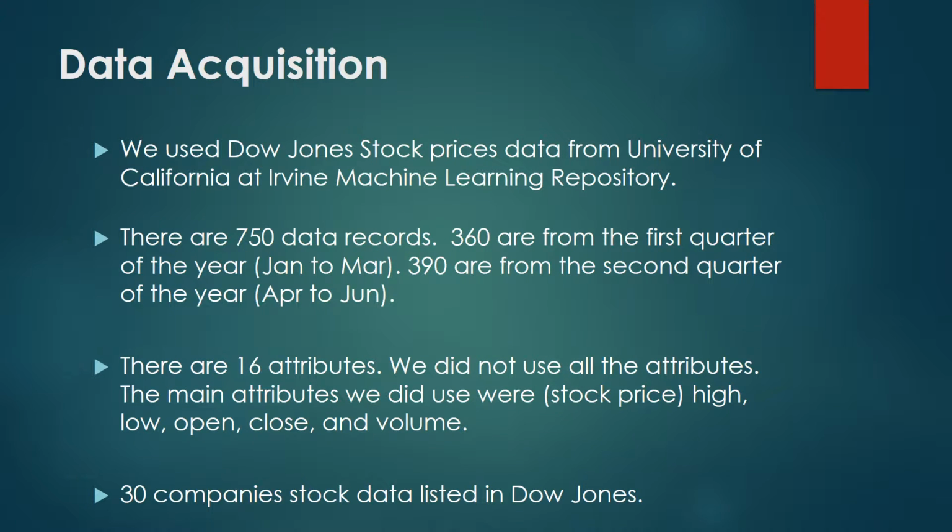Okay, so to get our data, we went online and found some data at the University of California at Irvine machine learning repository. We found a data set from the Dow Jones. It had about 750 records, 2 quarters worth of data, and it's done every week.